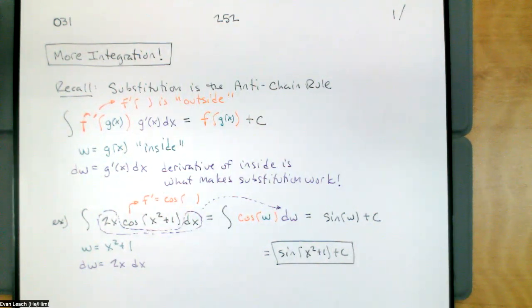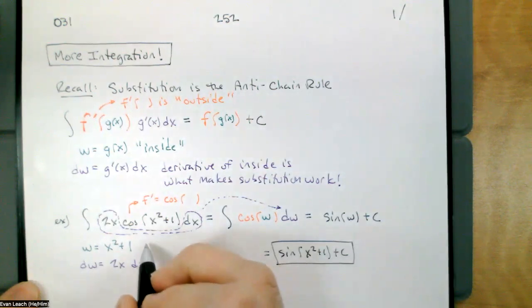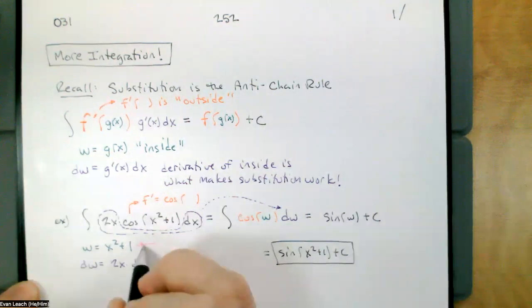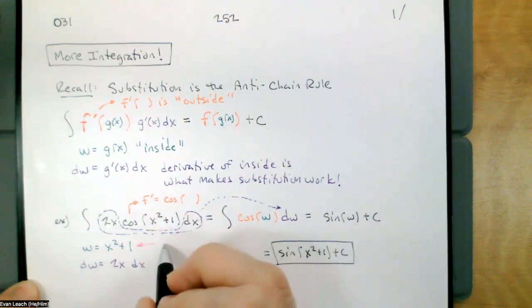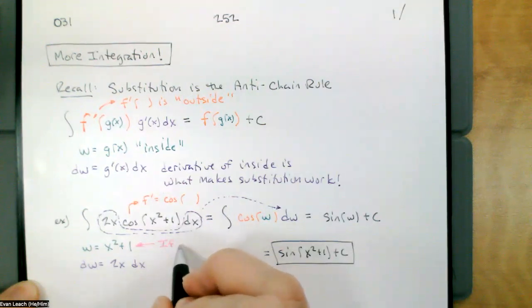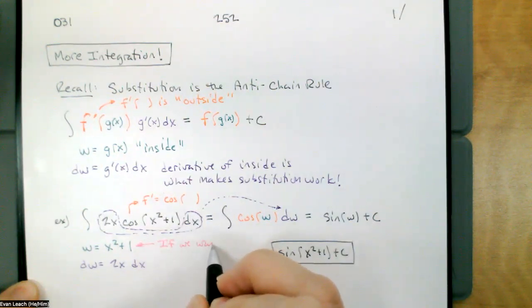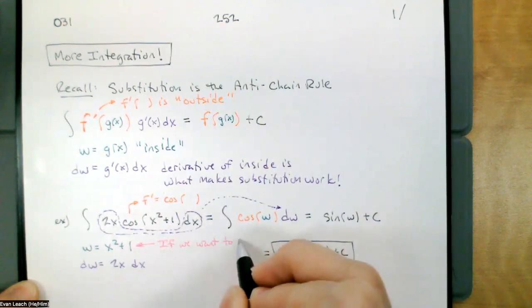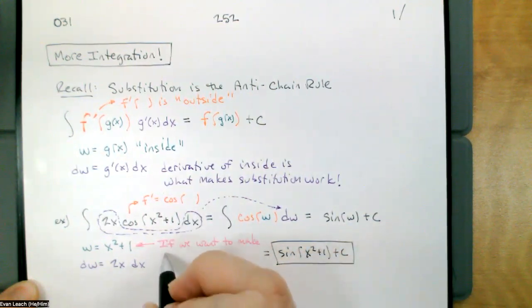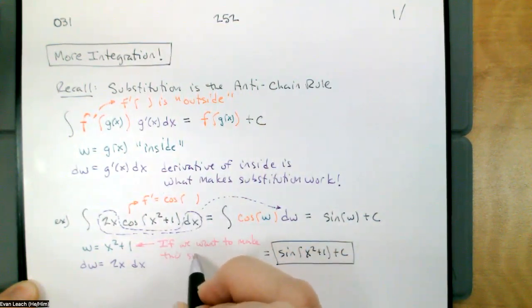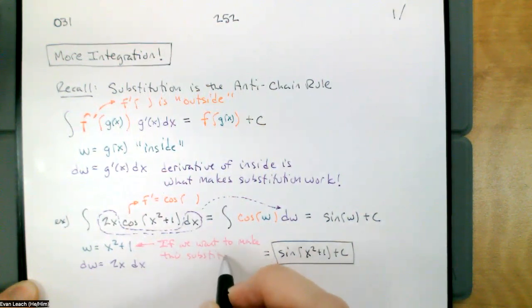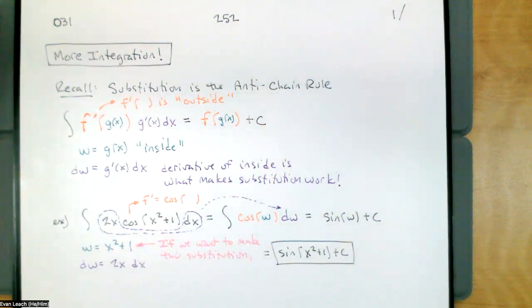We need a factor of x to make dw to make this substitution.